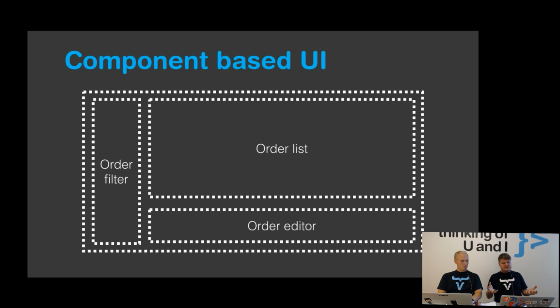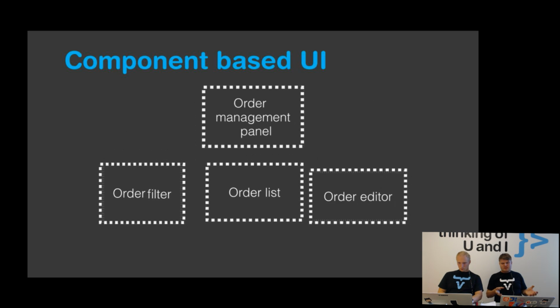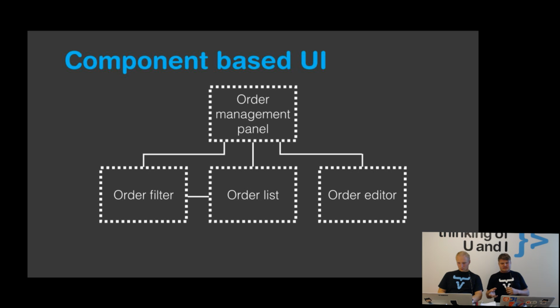So these are the components that you see on the screen. Use the same components as a way to organize your code. You can just have these components as classes, each basically a UI component, and then build proper APIs between these classes so that they can access each other when needed, and have the separation in a way that the order list doesn't have to know anything about the order filtering and vice versa.